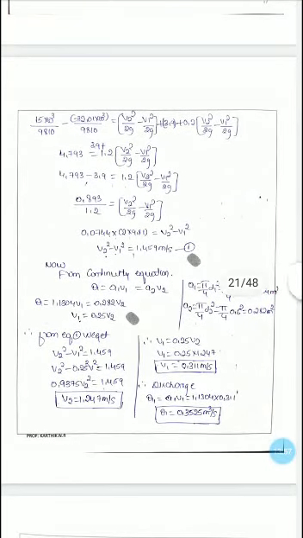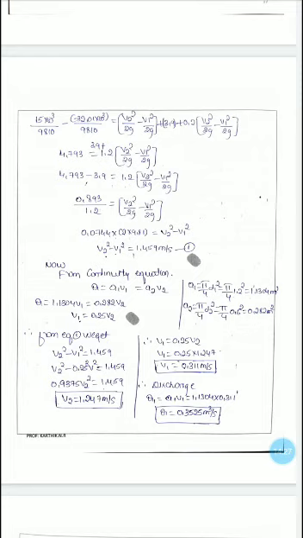Then with the help of the continuity equation, we can find the velocities V1 and V2. That is, Q is equal to A1 V1 is equal to A2 V2. Substituting the values of A1 and A2, we can find V1 in terms of V2 or V2 in terms of V1. Here I'm going to find V1 in terms of V2. Therefore, V1 is equal to A2 V2 divided by A1.